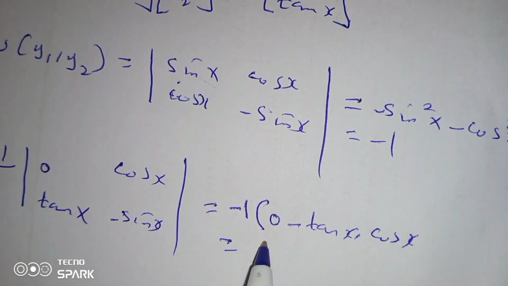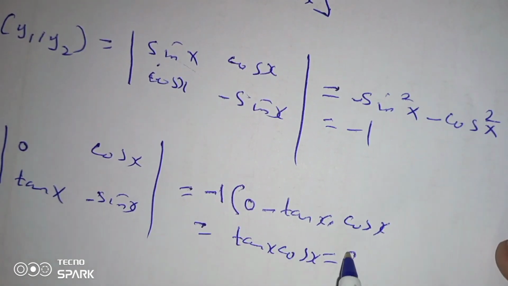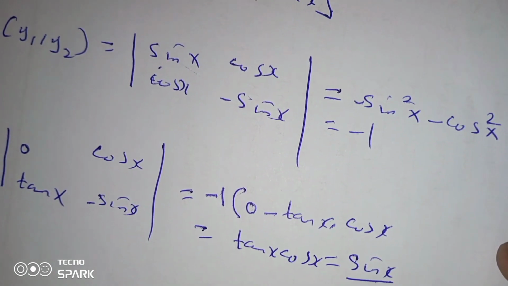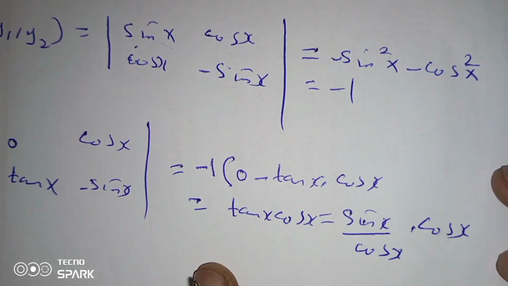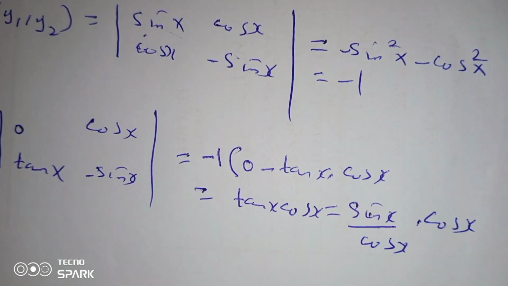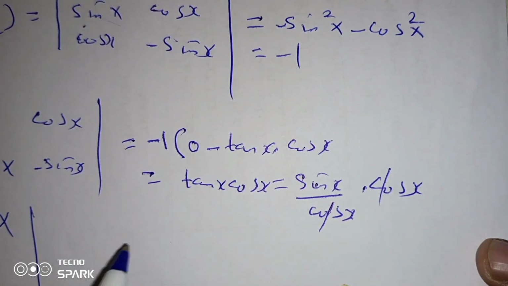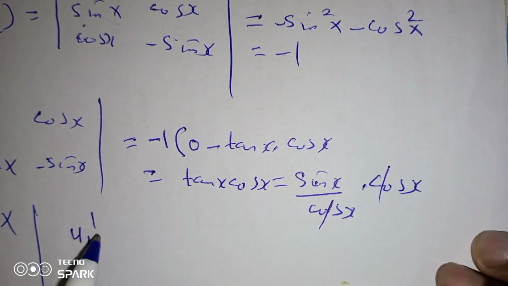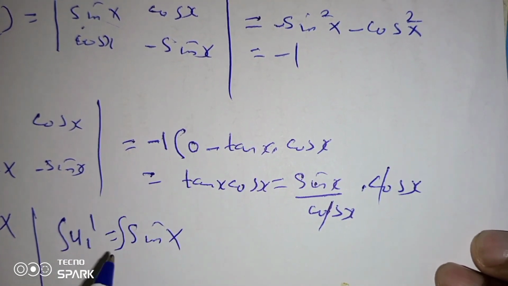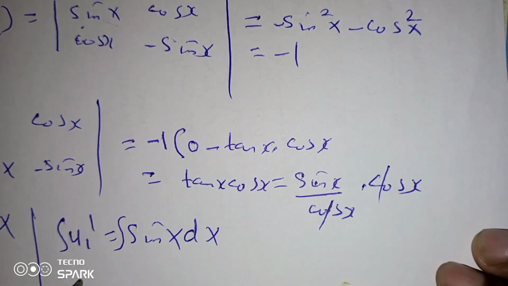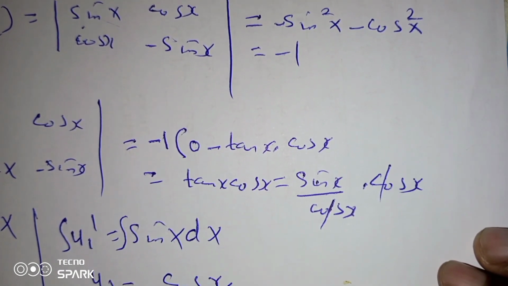This can be written as tan of x cos of x, which is sine x over cos x multiplied by cos x. Writing tan in terms of sine and cos, the cos and cos will cancel, and we are left with u1 prime equal to sine of x. So you integrate both sides to obtain u1 equal to negative cos of x.